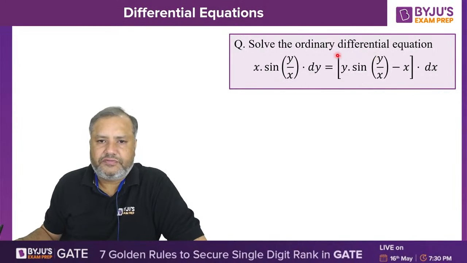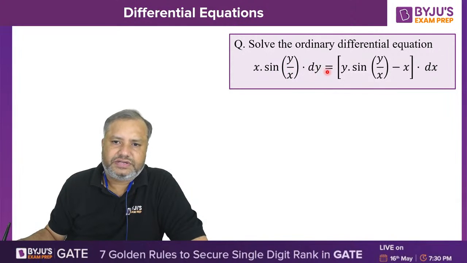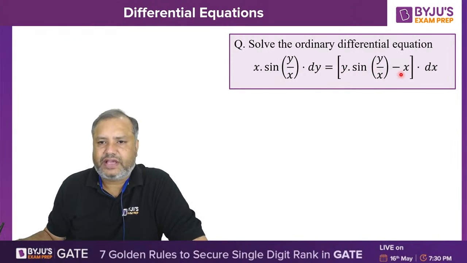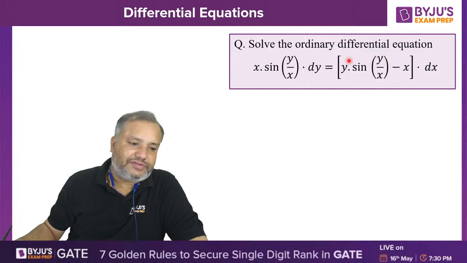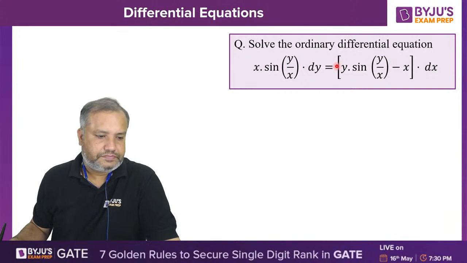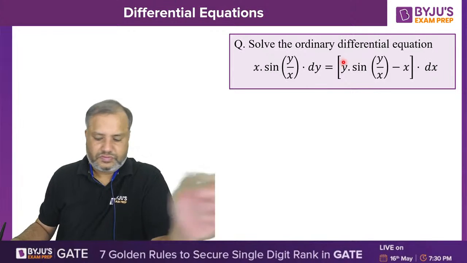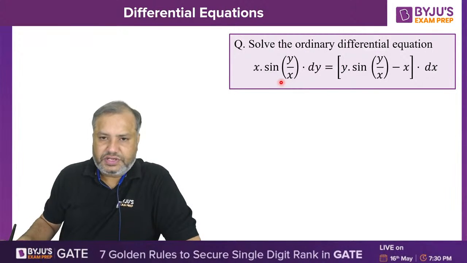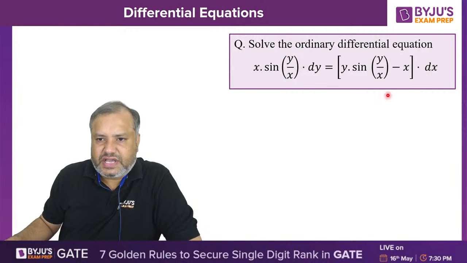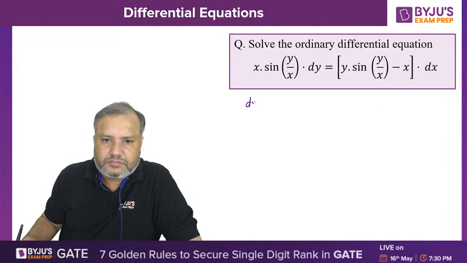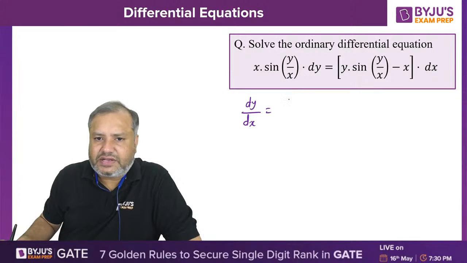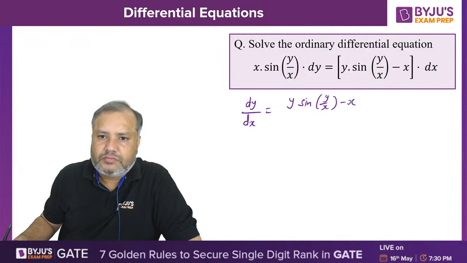Solve the ordinary differential equation x sin(y/x) dy = (y sin(y/x) - x) dx. So this is a homogeneous differential equation. Now see, this dx is brought to the denominator, and the right hand side term is y sin(y/x) minus x, divided by x sin(y/x).